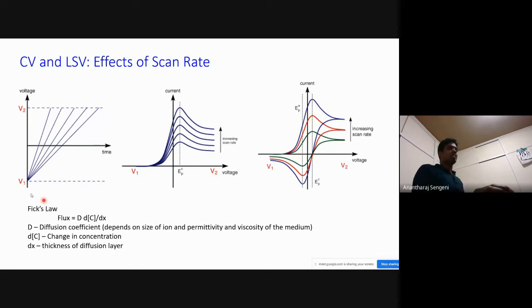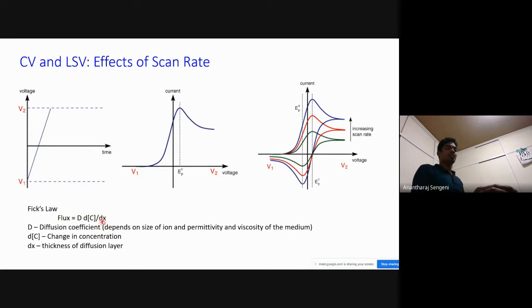So this is basically controlled by Fick's law of diffusion. Those who have studied BTech chemical engineering and electrochemical engineering have this in fluid dynamics, where you cannot skip this famous law of diffusion by Fick. It states the flux density and how it is related to the change in concentration at the interface with the thickness of the diffusion layer.